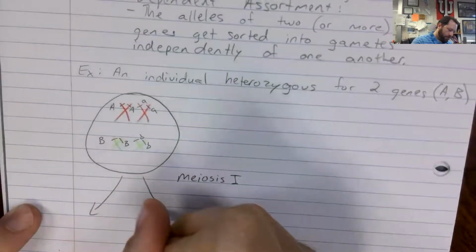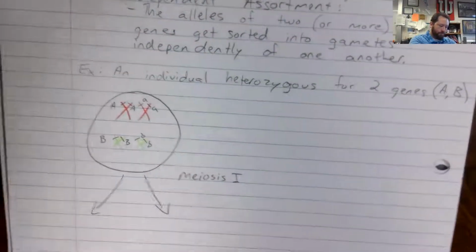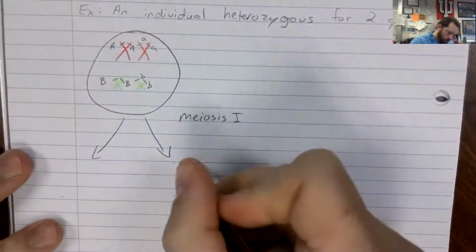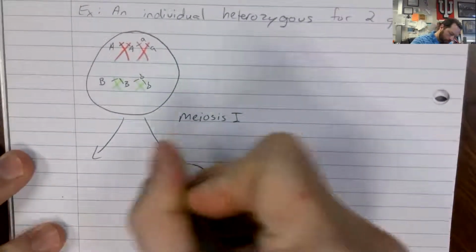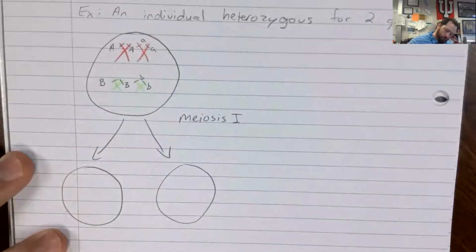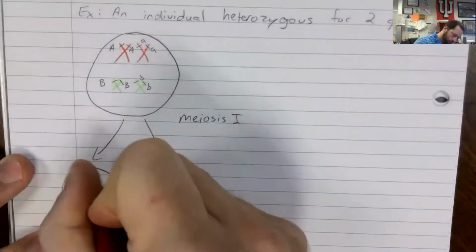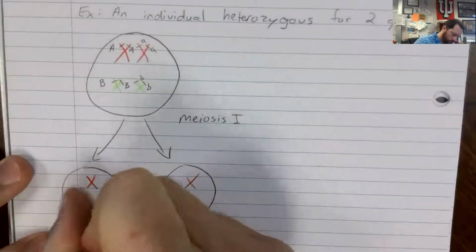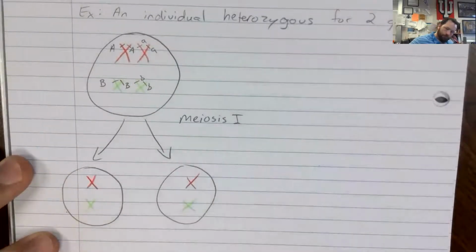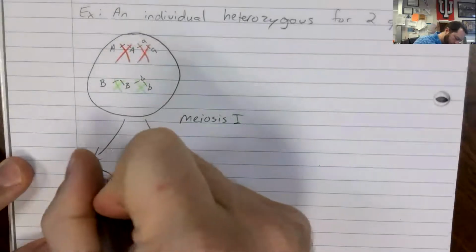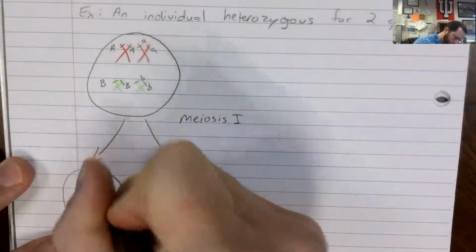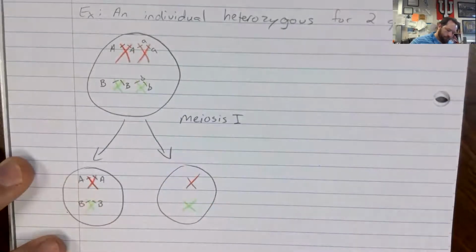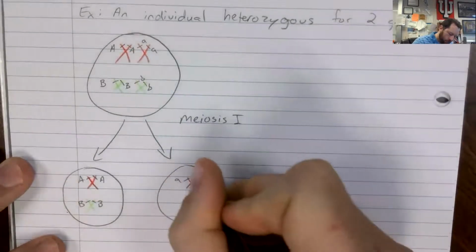And so when they separate, which is what's going to happen in meiosis 1, we're going to end up with the dominant alleles together and the recessive alleles together.